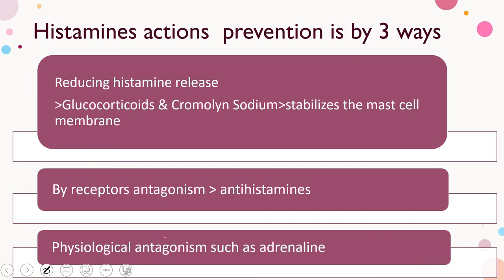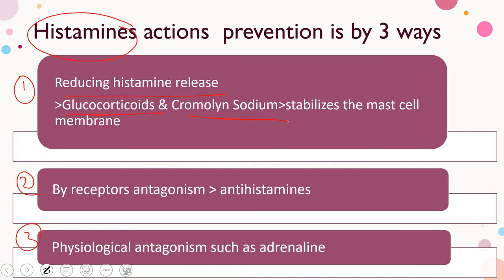The action of histamine can be reverted in three different ways. The first is agents that decrease the release of histamine from the mast cell, like glucocorticoids, cromolyn sodium, and agents that stabilize the mast cells.